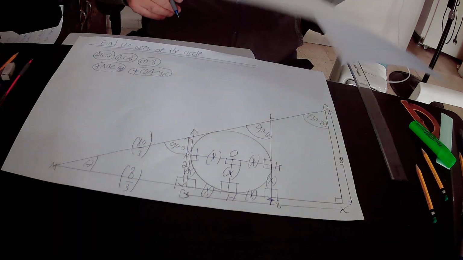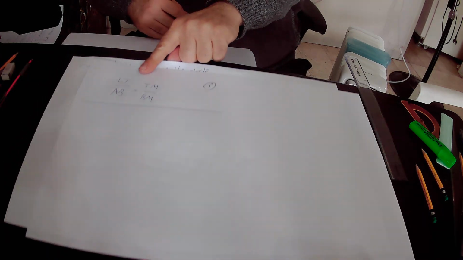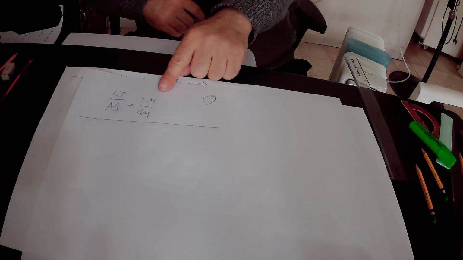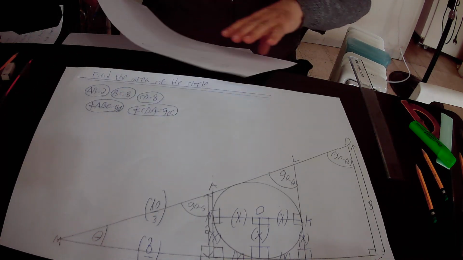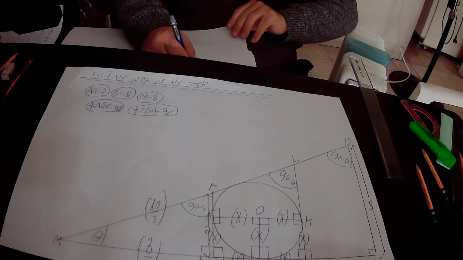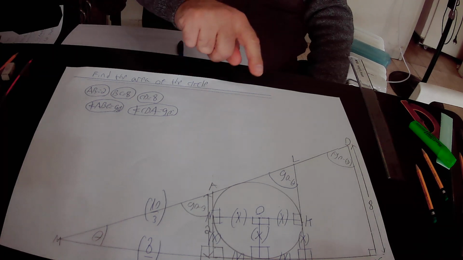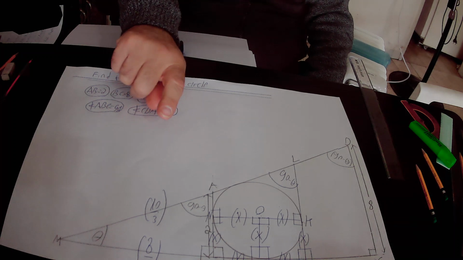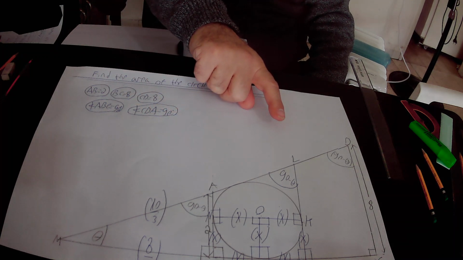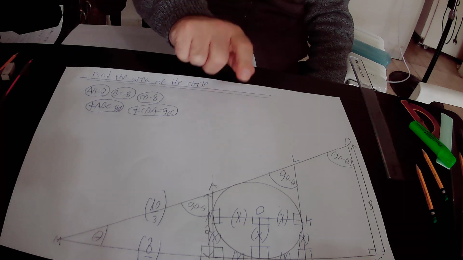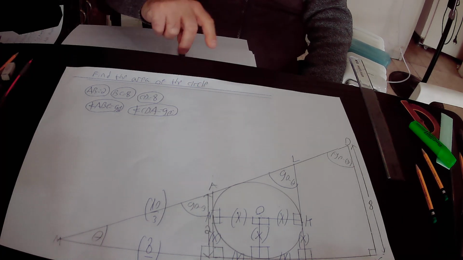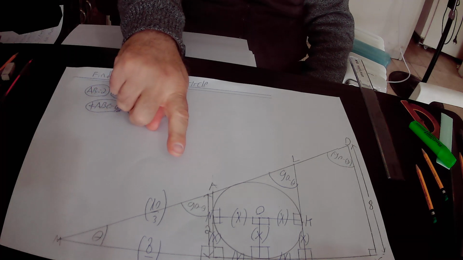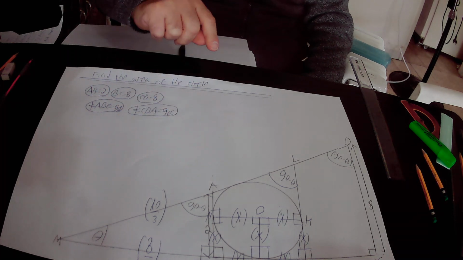We derive that LT over AB equals TM over BM, and also equals side LM, that's actually the hypotenuse of the right middle triangle LTM, over side AB, that's actually the hypotenuse of the right small triangle MBA.